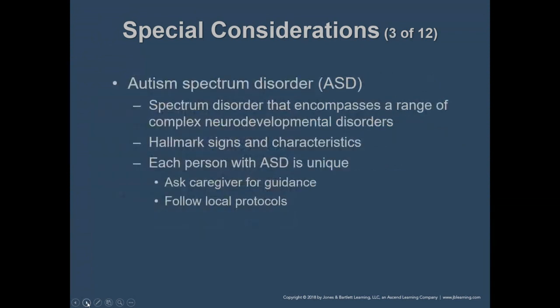What about somebody on the spectrum? Everybody knows that autism is a thing, and there is an ASD, the autism spectrum disorder. Not everybody who has autism is profoundly affected, but some are. So, what are their issues?